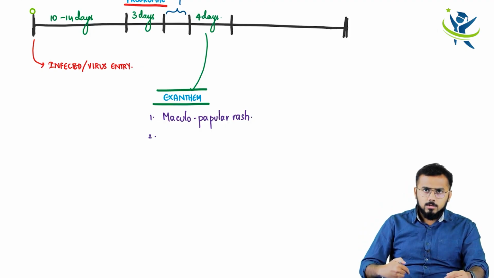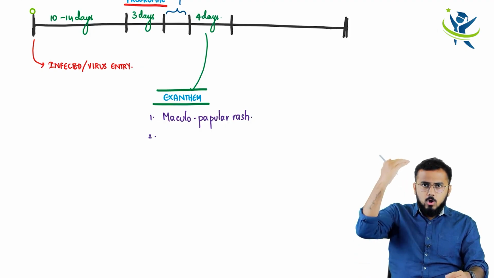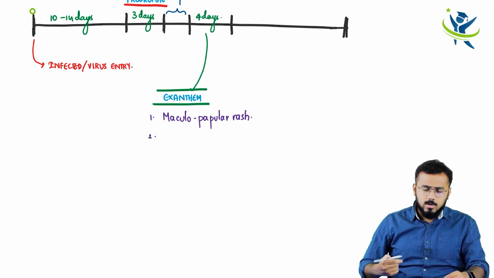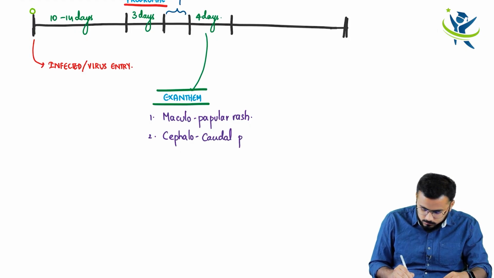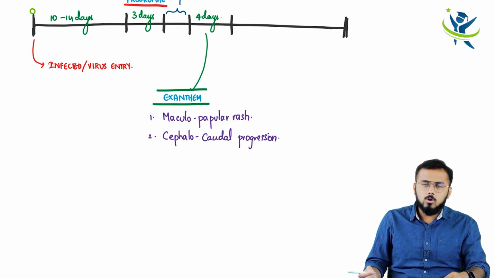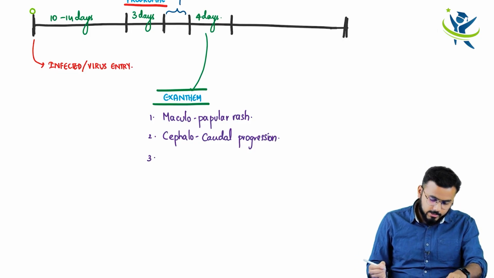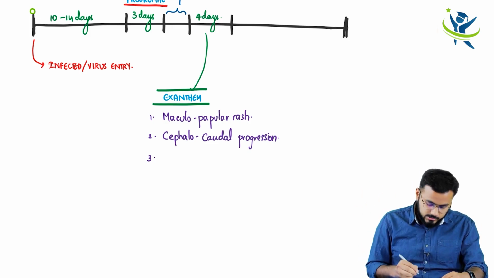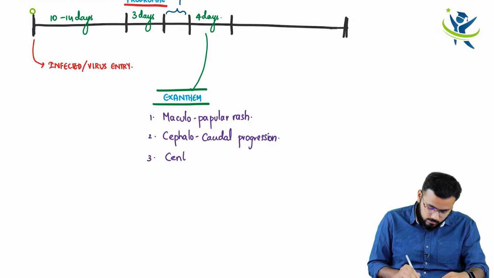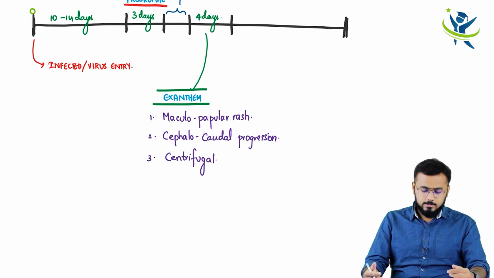From the head to the toe, from top to bottom, cephalocaudal progression. And third, what type of distribution is this, centripetal or centrifugal? Centrifugal, from the center to the periphery.